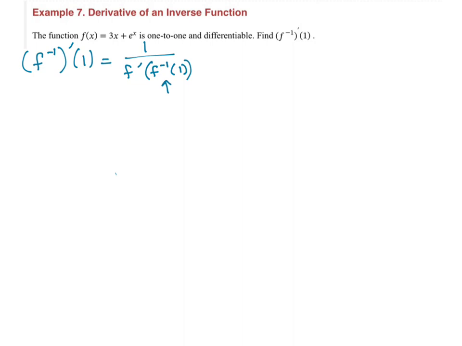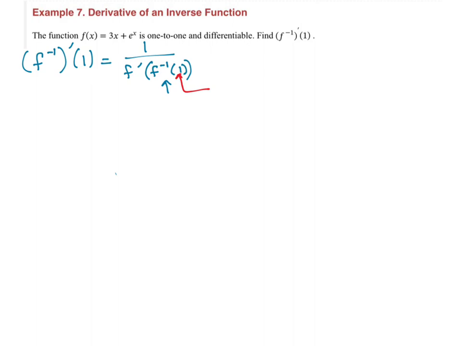You have to read backwards here. f inverse of 1 is saying when my output on f is 1. This 1 right here is the output, because it's f inverse of 1. If that's x of f inverse, then we're talking about y of f.